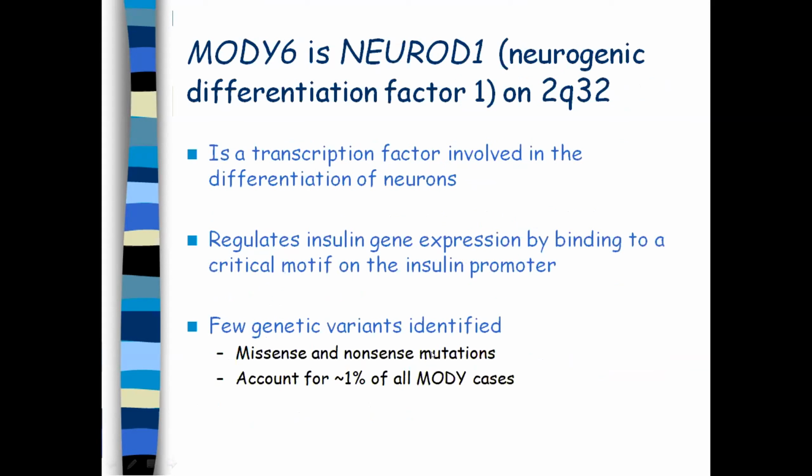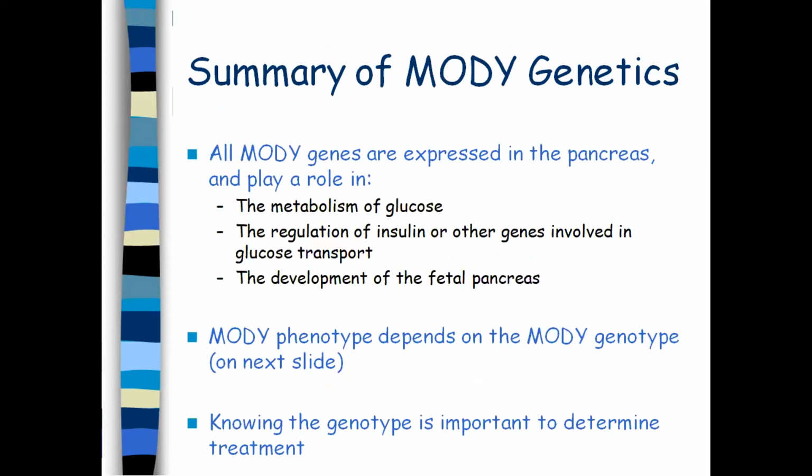Then the next one, MODY6, is a transcription factor involved in the differentiation of neurons and regulates insulin gene expression by binding to the critical motif on the insulin promoter site. There are few genetic variants, missense and nonsense mutations, and it accounts for approximately 1% of all maturity onset diabetes in young cases. So I want to give you a summary for maturity onset diabetes.